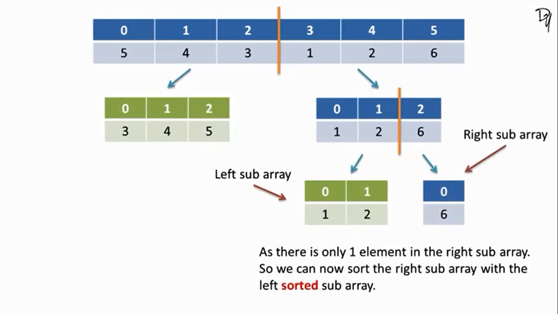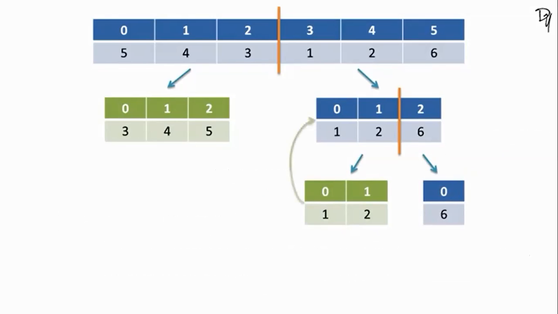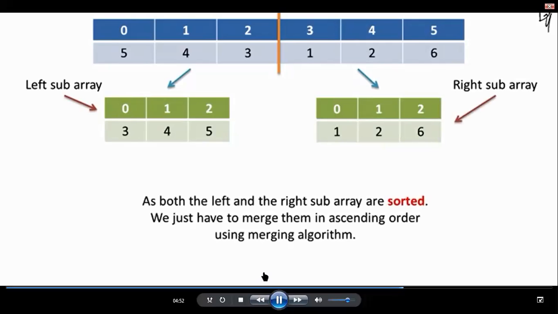Since the right subarray also has only one element, only then can we go with sorting those elements. Now after sorting the subarray, we are checking with all the elements in the left subarray. Since all the order is properly fine, we are not doing any swapping, just maintaining as such. Now the left subarray and right subarray are fine. Now both are properly sorted.